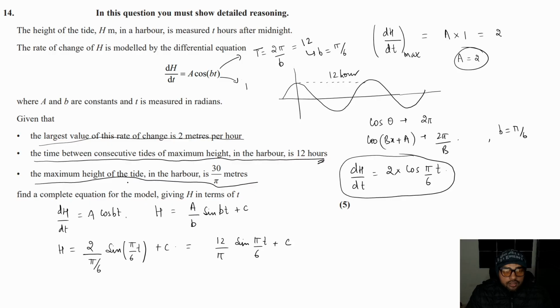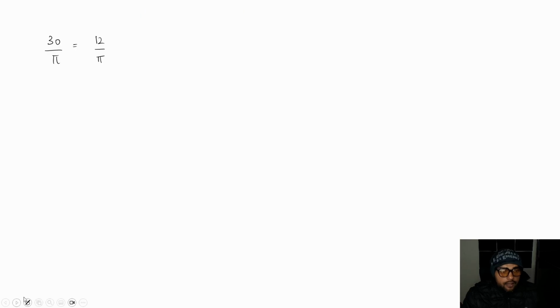Now, when will be the maximum height of the tide, students? When the sine component is equal to 1. The maximum value of sine will be 1, then only the maximum height of this tide is possible. So from here we can say that the value of c will be 18 by pi.